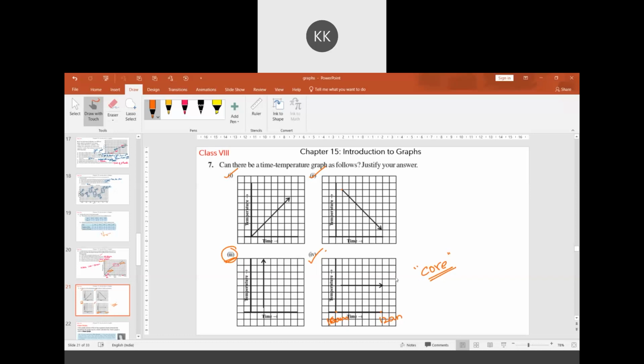The temperature of the sun. In a deep freeze, we have to keep how much temperature we want. It will be that much only, sir, for some time.